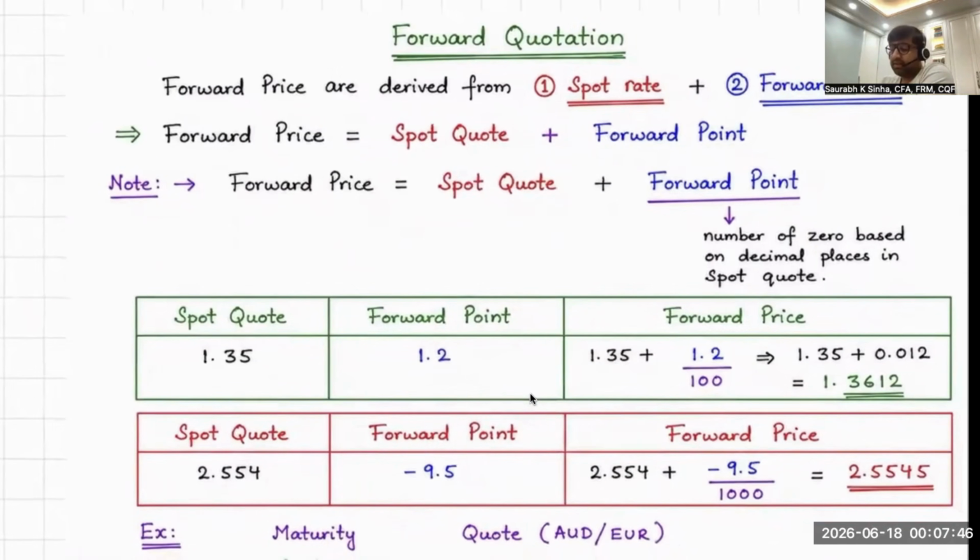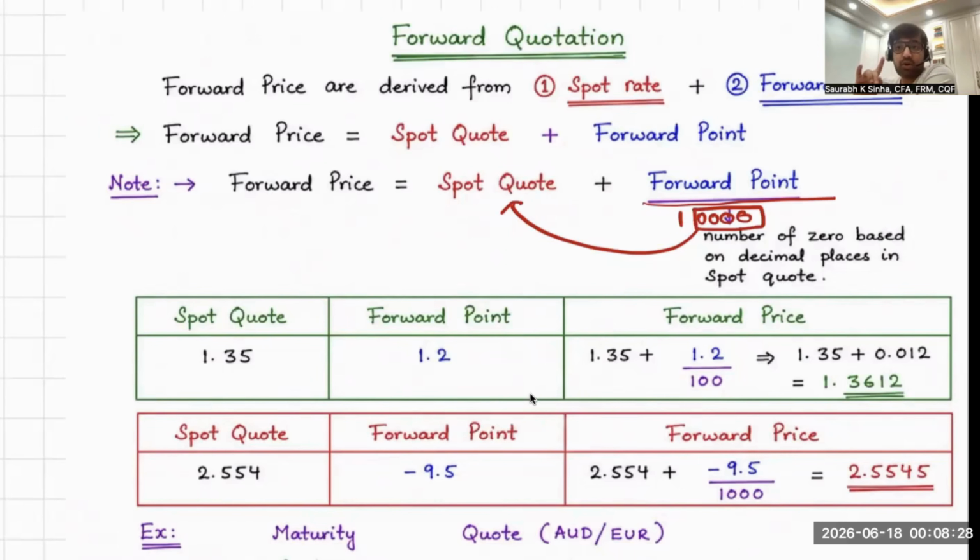The simple math is that the forward price is calculated as the spot rate plus the forward point. This is a very plain vanilla explanation, but actually the forward price is equal to the spot rate plus the forward point divided by 1 followed by some number of zeros, which depends on whether the spot rate has 2, 3 or 4 decimal places.